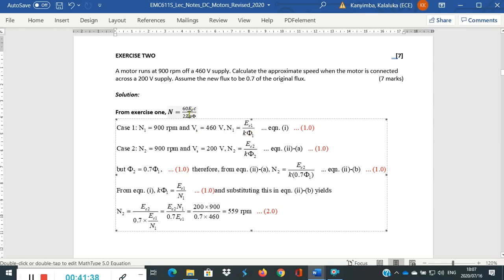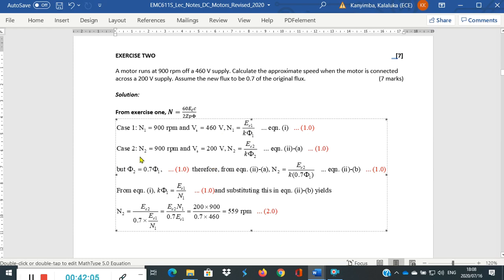So in our equation, we have EC1 divided by a constant, which is 2ZP divided by 60 times C, then times the flux, because the flux is changing, so that one is not a constant. Let's call it phi1, corresponding to the first voltage.